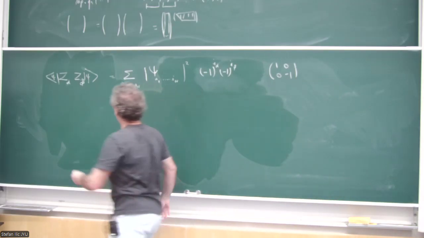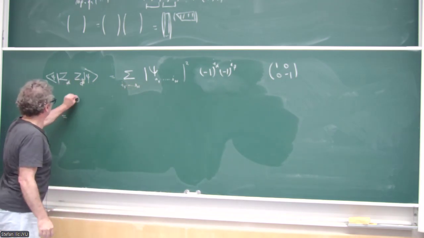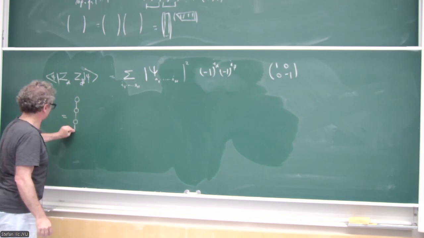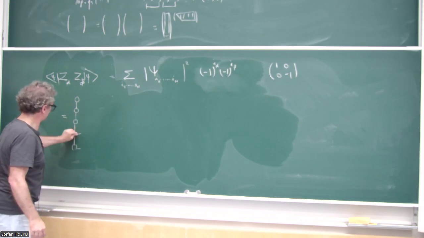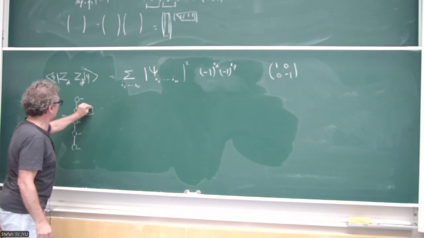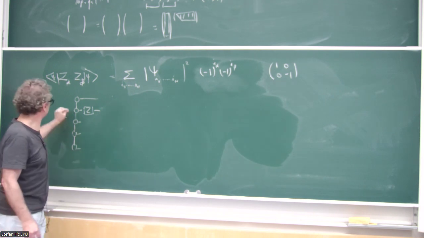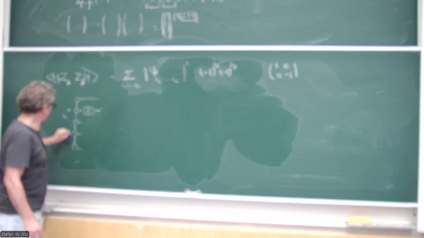So now the diagrammatic expression for that is, this is my MPS. I put the Z operator here on column i alpha. I put another one on column beta.